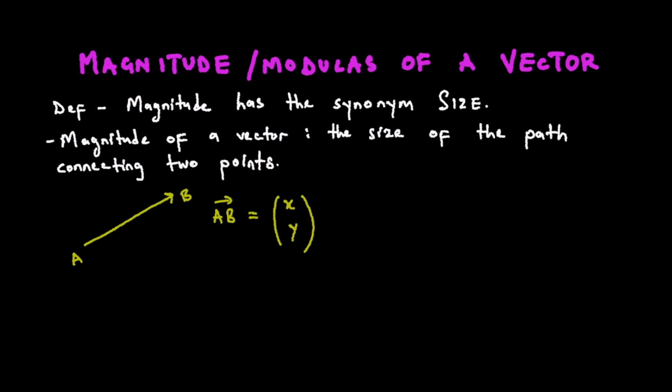Saka kana tichida kutsvaga the length of this vector, tiri kungotsvaga the length of this line, because for a vector you have to remember takadefine a vector as a quantity that has both size and direction.